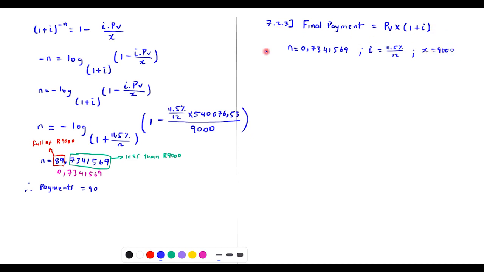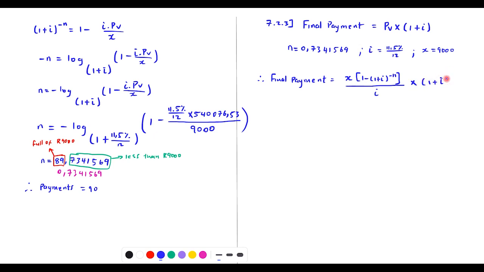So the final payment is going to be the formula of the present value, x times 1 minus (1 plus i) to the power of minus n, over i, multiplied by the interest that the bank charges.